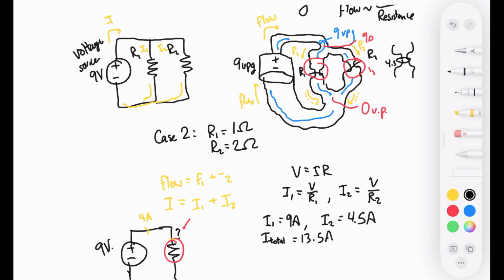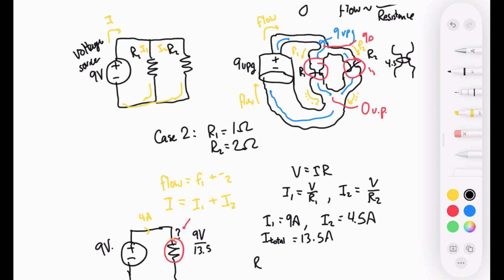And similarly, we can imagine what the overall resistance would look like, which is simply going to be, we have our 9 volts, and we basically need to find out, we know what the current is, so this is over 13.5, and if you do the math, what you get is basically 2/3.